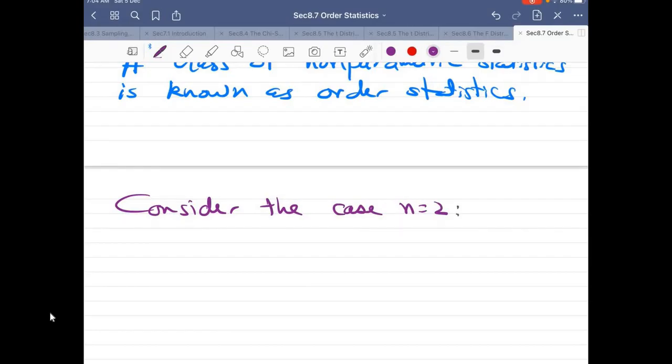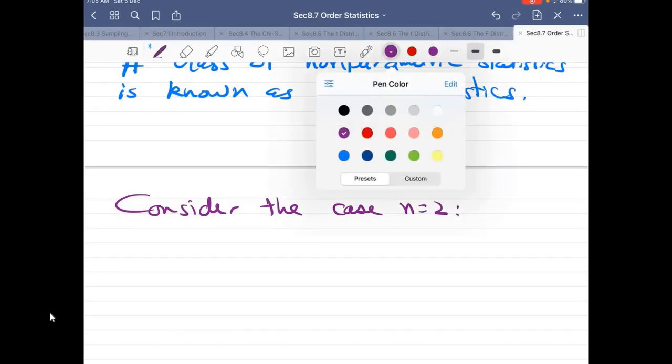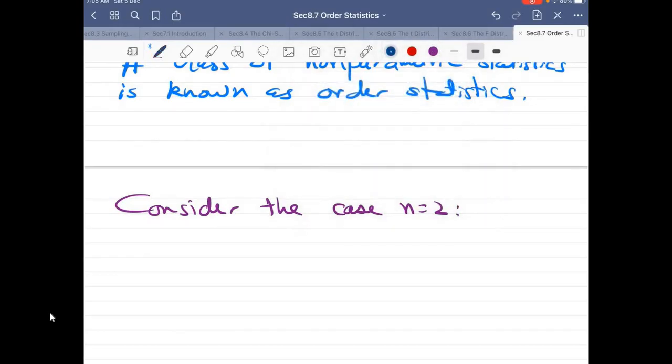Suppose that I have a random sample x with 2 values, x1 and x2.